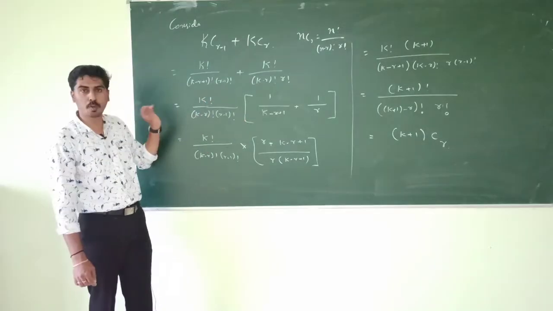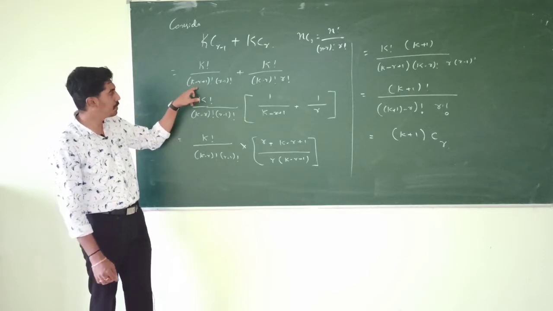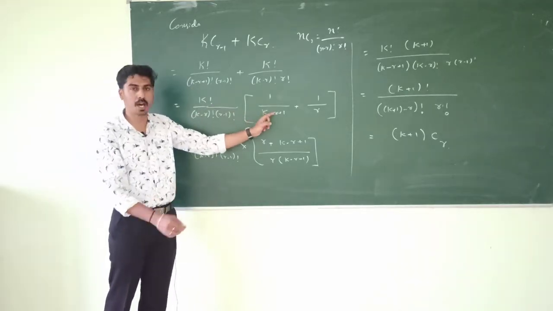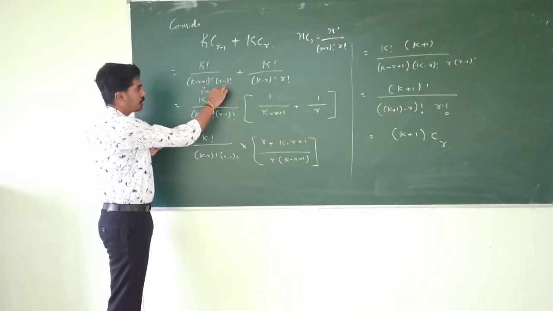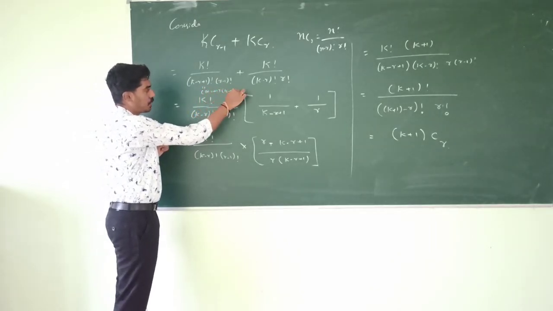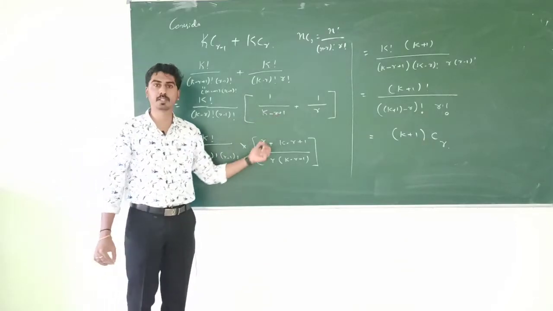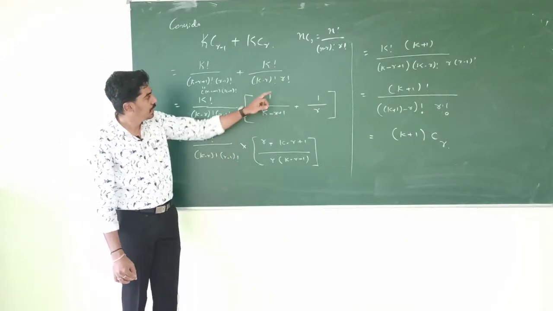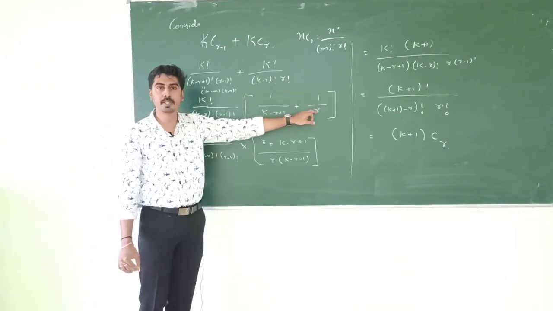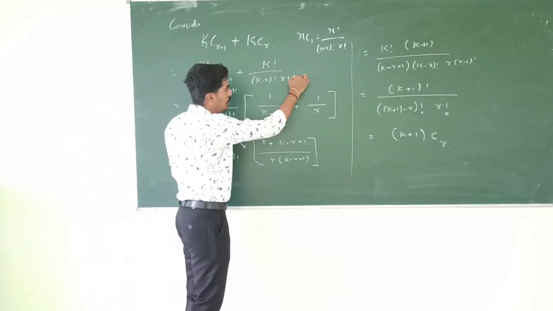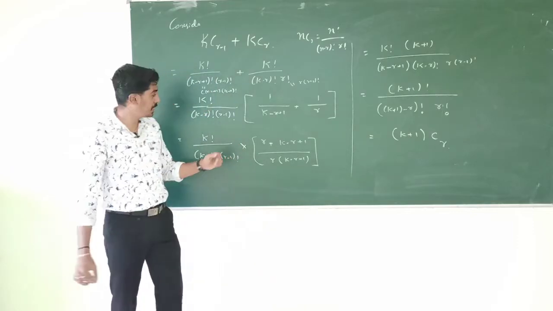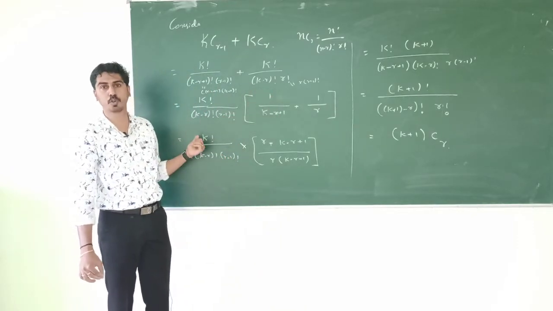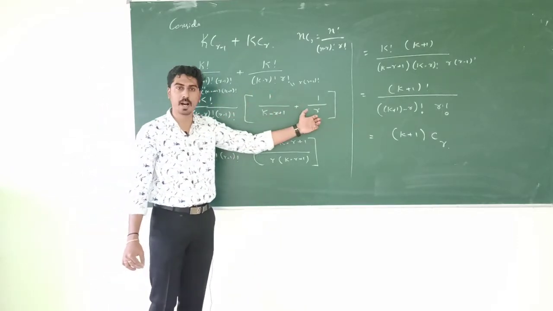If I take this as common, here I remain with k minus r plus 1. This is k minus r plus 1 into k minus r factorial. Here I remain with r, since r factorial is nothing but r into r minus 1 factorial, and we have taken r minus 1 factorial as common. So I have got r.